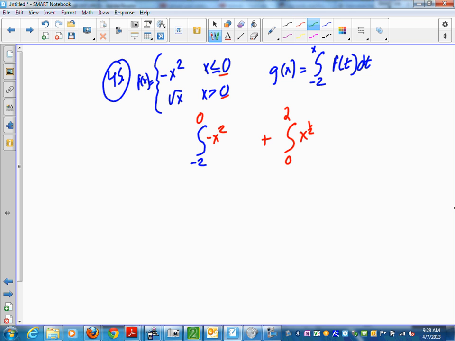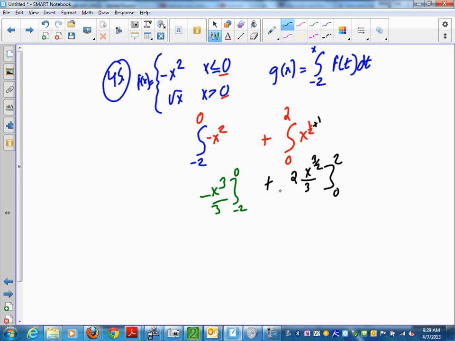So let's take a look at these two integrals here and see if this helps. The integral of negative x squared would be negative x cubed over 3, and we're looking at it from negative 2 to 0. And this one over here would be 0 to 2. Go ahead and add 1 to the exponent, we get x to the 3/2, and we're looking at it from 0 to 2.